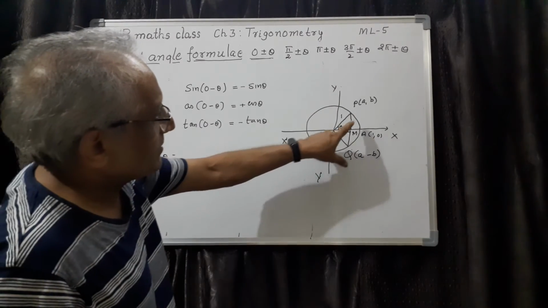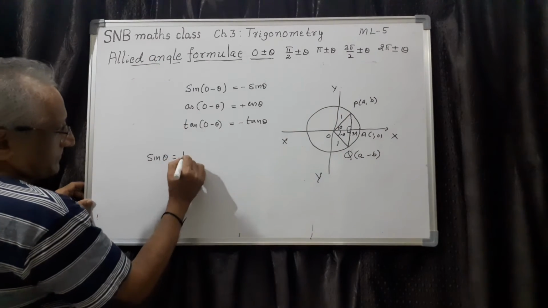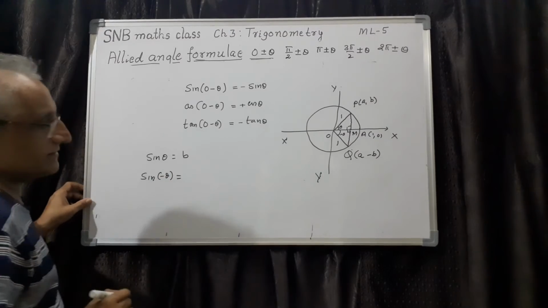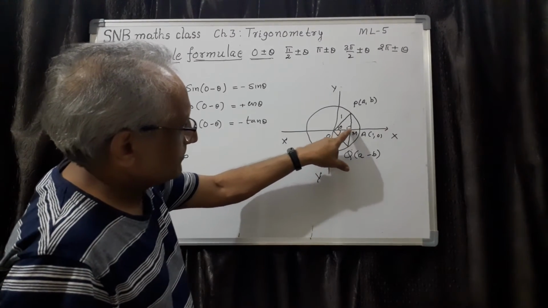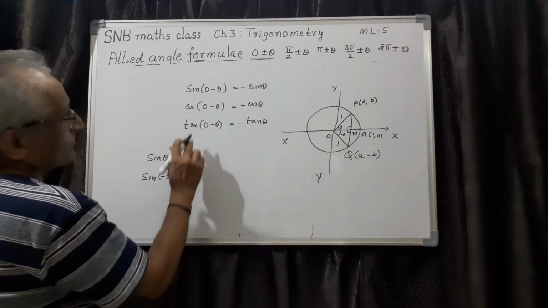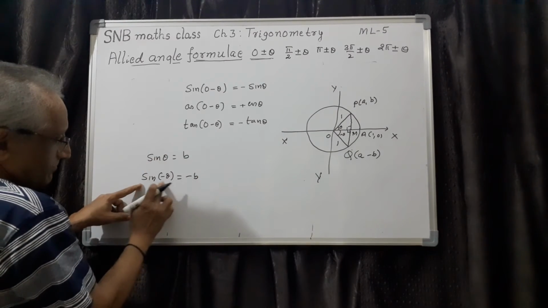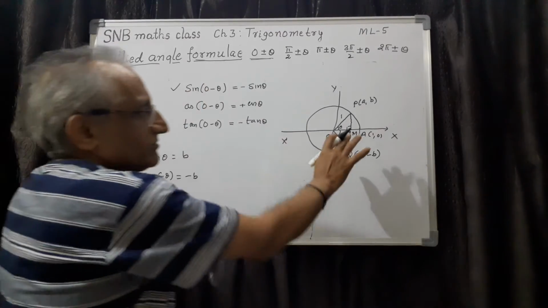Sine theta is opposite, this one B, by hypotenuse, so it is B. What is sine of minus theta? The opposite of this one is minus B by 1, so it is minus B. So this is plus B, this is minus B, means sine of minus theta should be equal to minus sine theta. In the same way you can prove the remaining also.